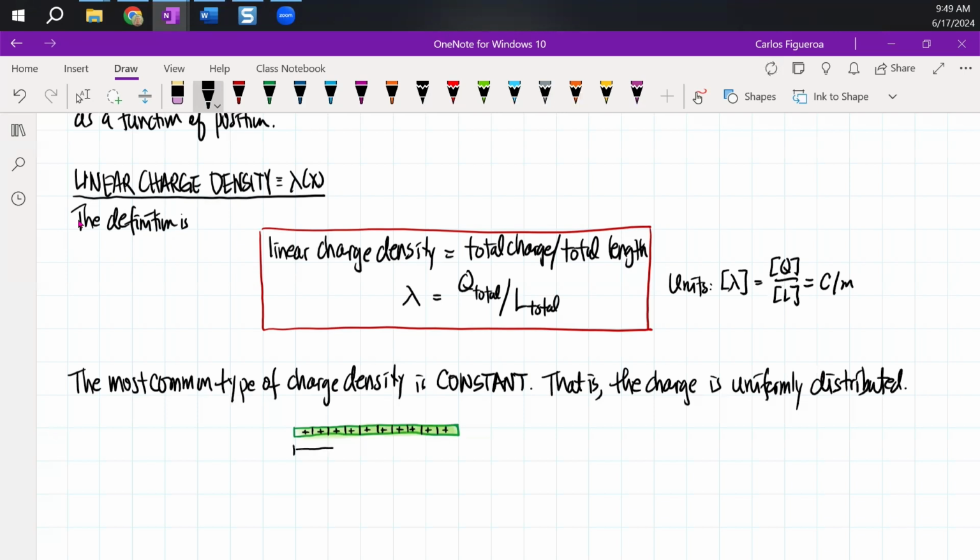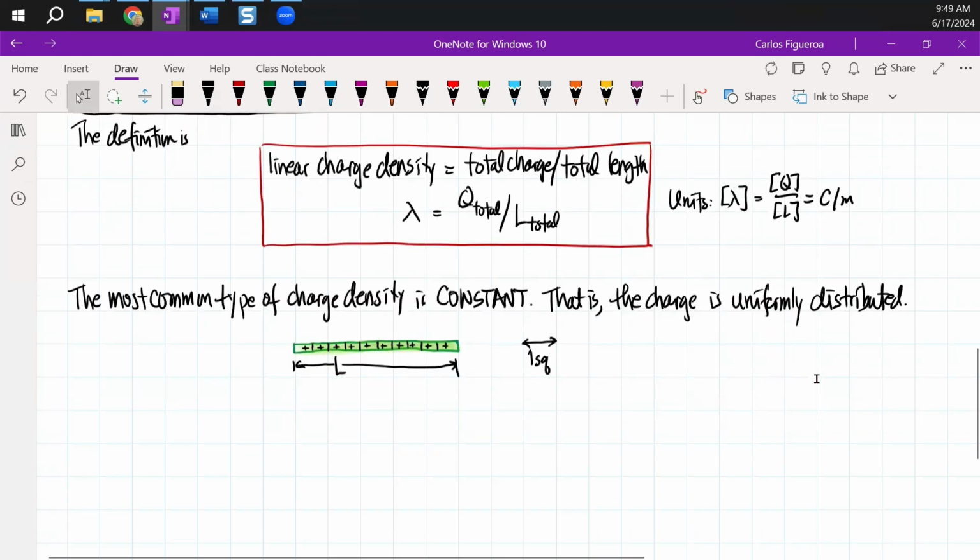In this case, we'll say the length here is L. We can see that this is one square, and that's going to be our length. When you look at the total length, 1, 2, 3, 4, 5, you can see that the total length is 5 squares.